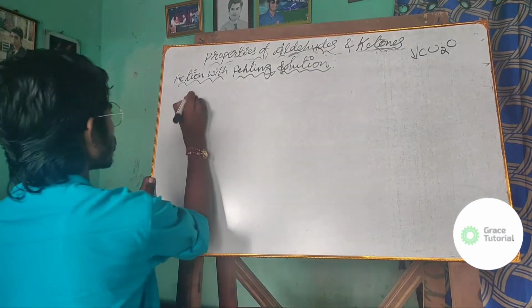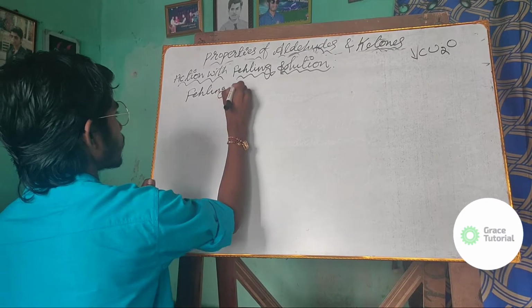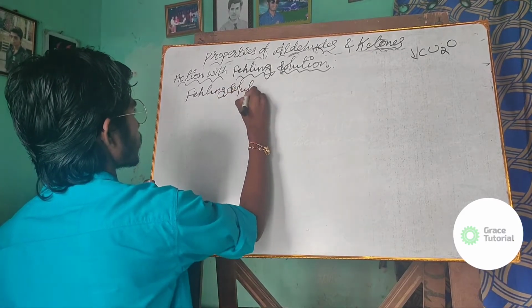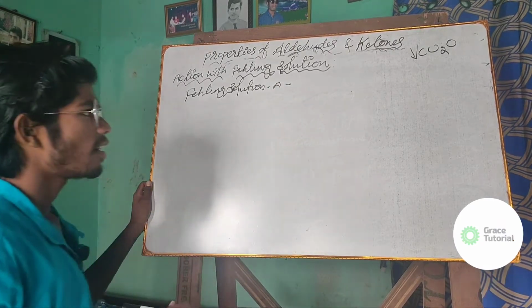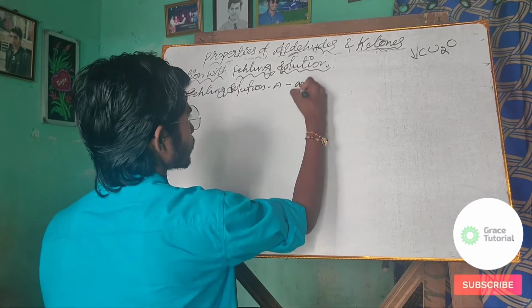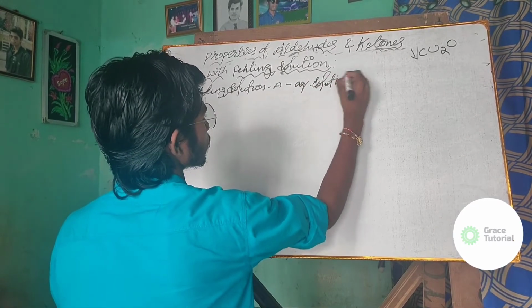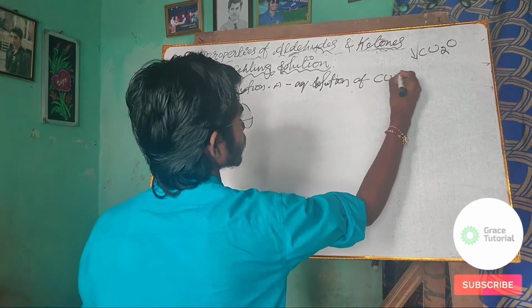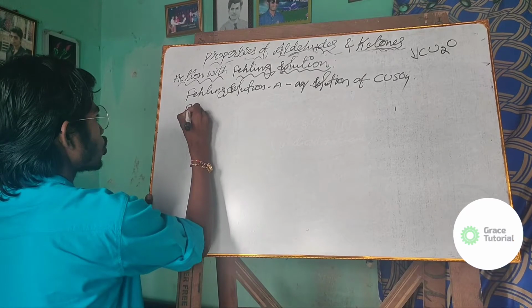So what is Fehling solution A? Fehling solution A is an aqueous solution of copper sulfate. Similarly, what is Fehling solution B?